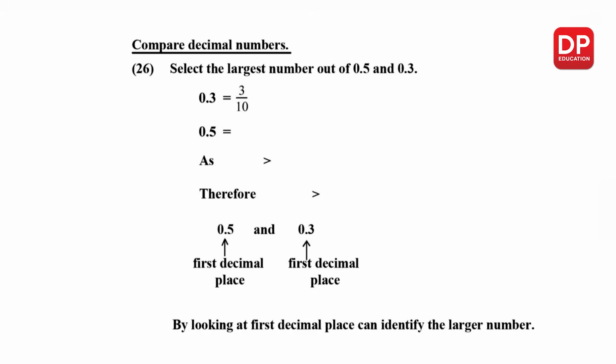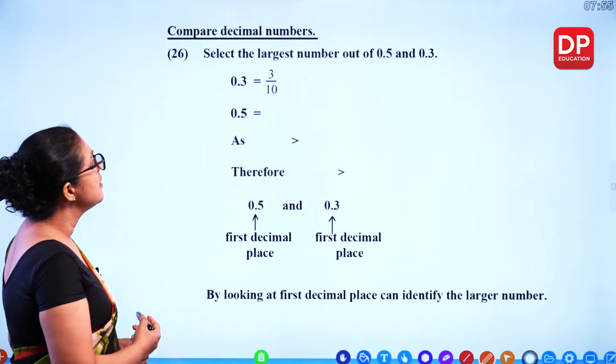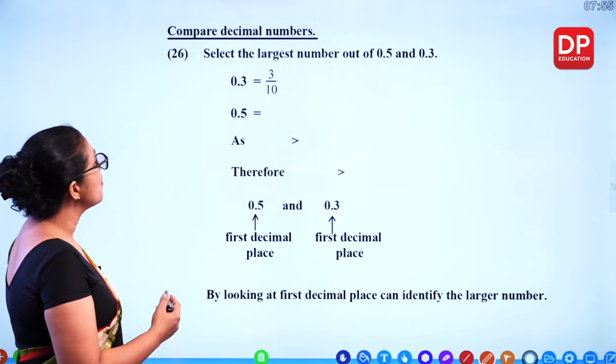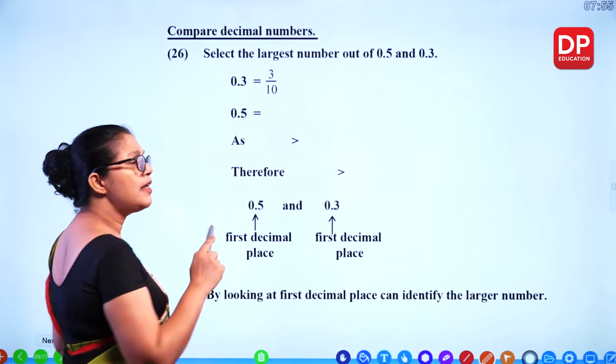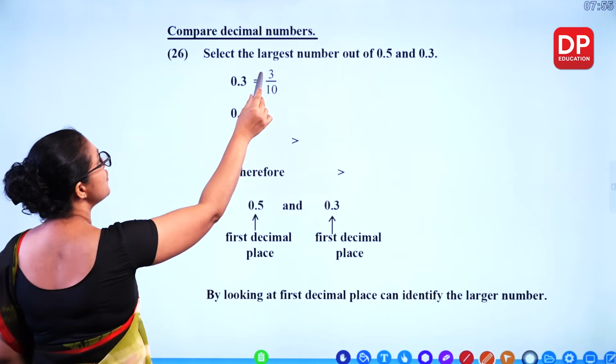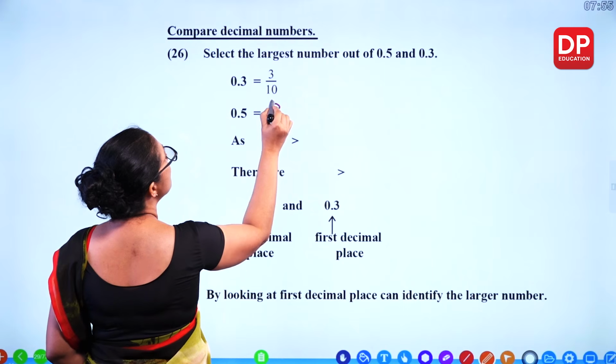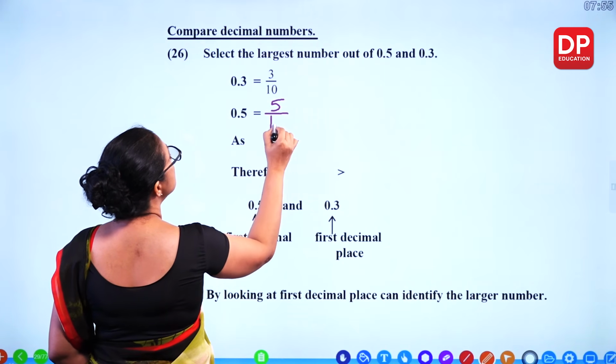Compare decimal numbers. We'll see how we can compare decimal numbers. Select the largest number out of 0.5 and 0.3. We know we can convert 0.3 to a fraction, 3 over 10. 0.5, I can write 5 over 10.